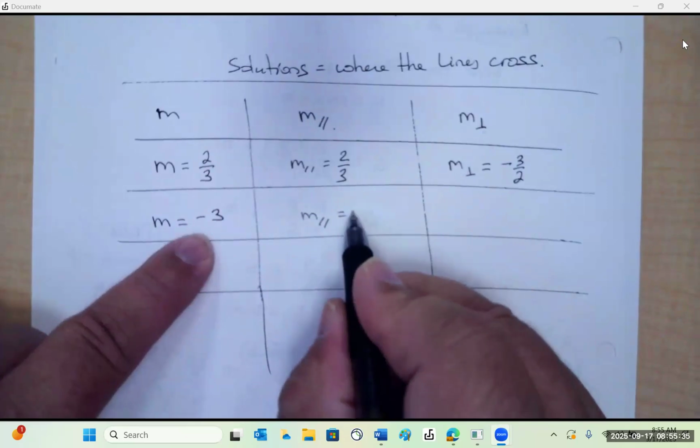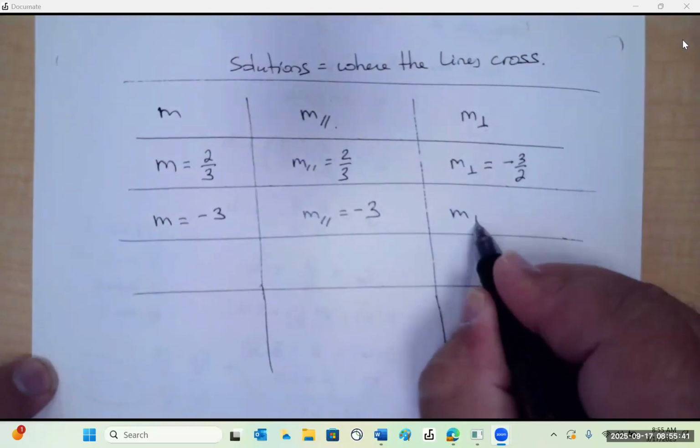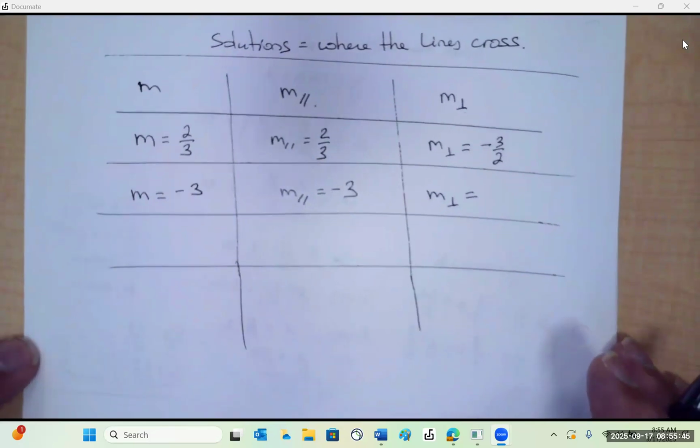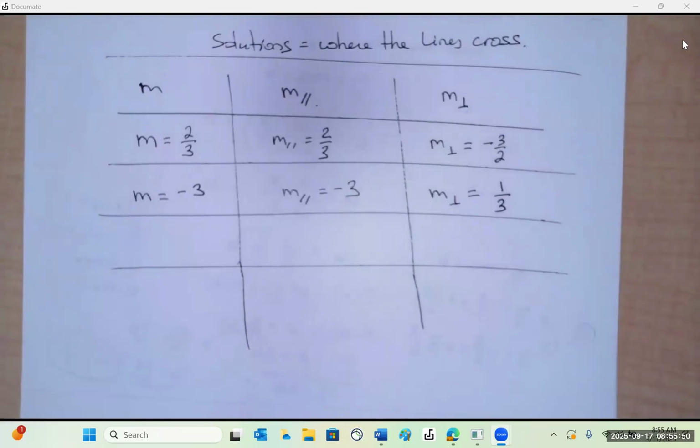Yeah, it's the same. It's -3. What's the slope perpendicular to -3? 1/3, positive.